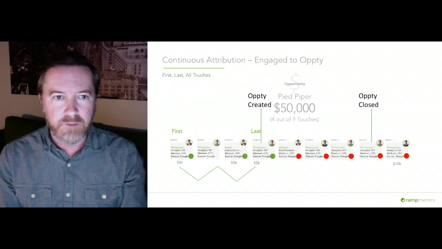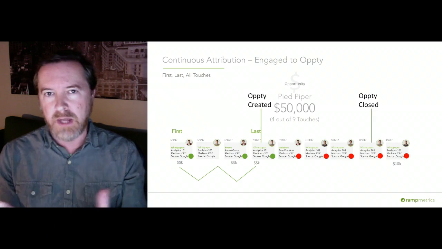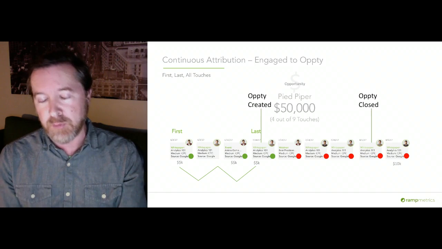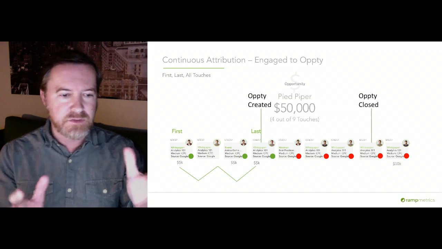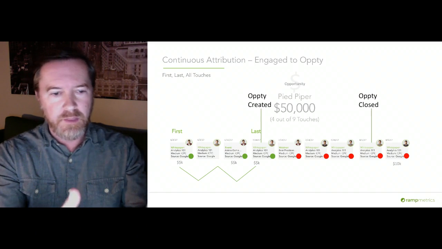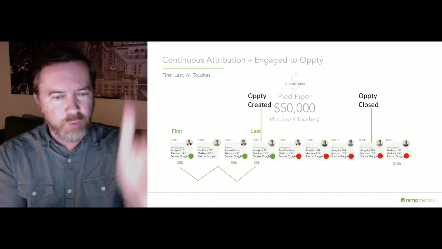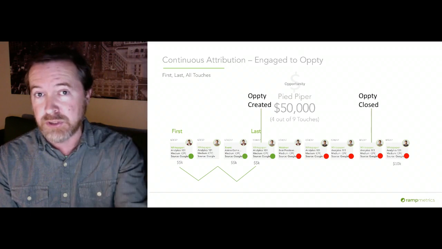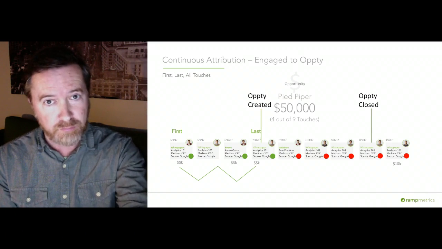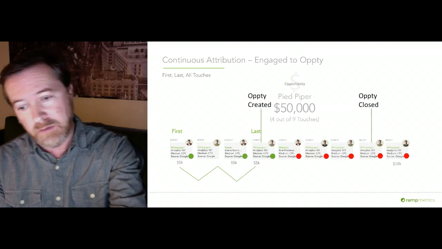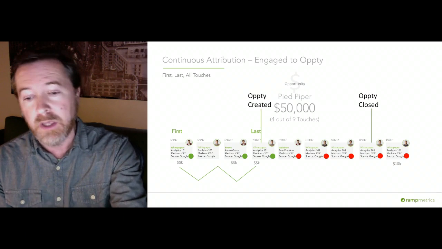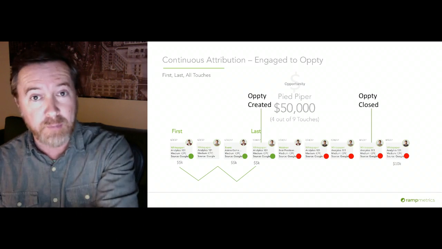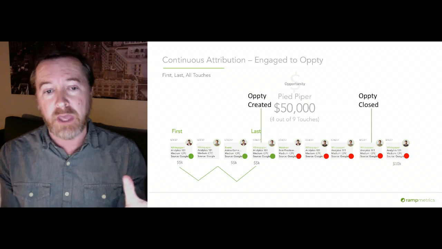One way to look at it is called engaged opportunity, or first opportunity. The idea is that you look at the touches that happen before or the same as the opportunity created, and then we cut off anything that happened after the opportunity was created. That's one way to look at it.